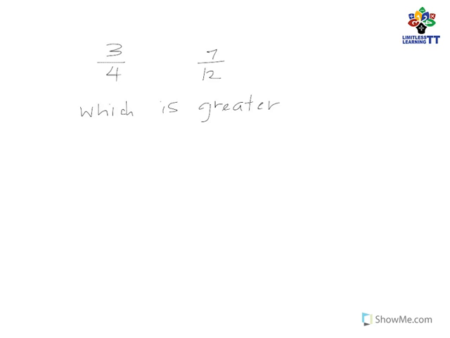So what we need to do is get both of these fractions to have the same denominator, and then we can look at the numerator. Whichever one has the largest numerator is going to be greater. So we're looking at the denominators. We have 4 and 12. So first we have to find the LCM of 4 and 12.